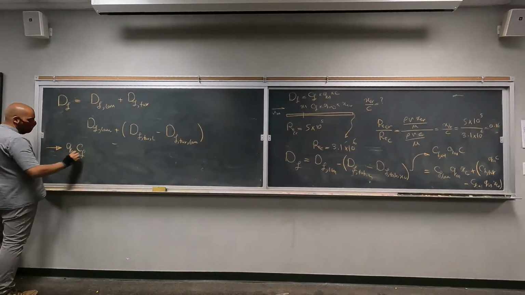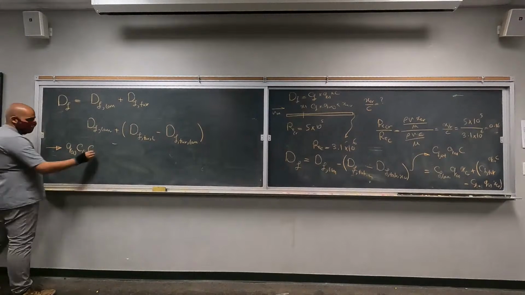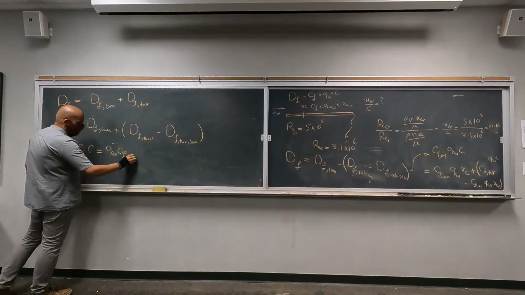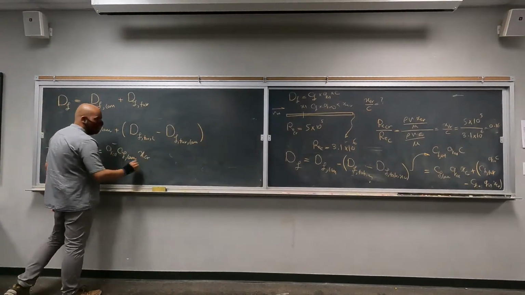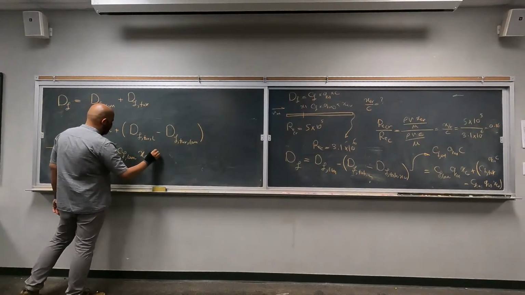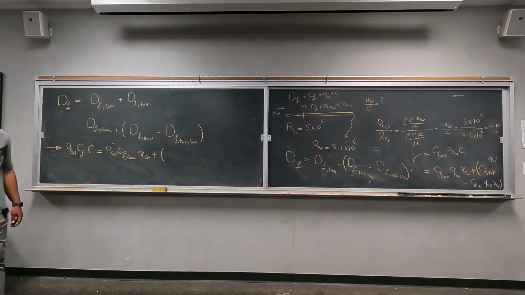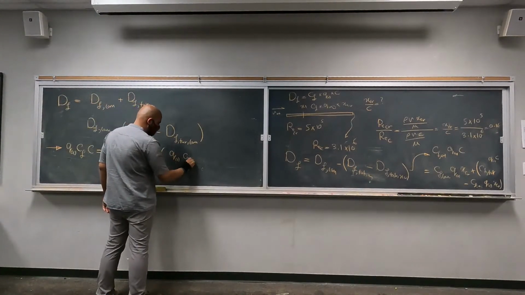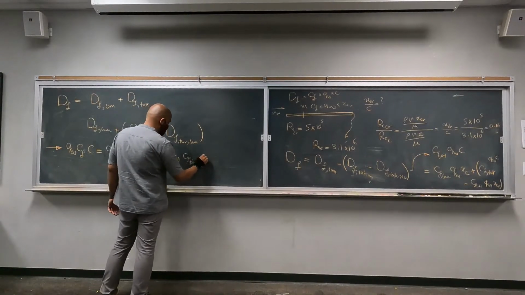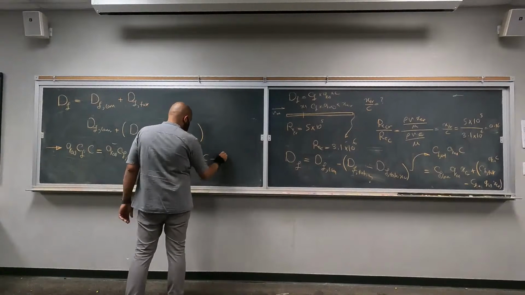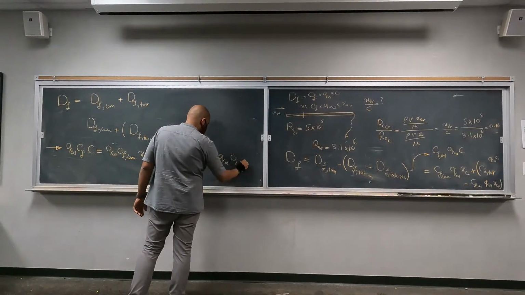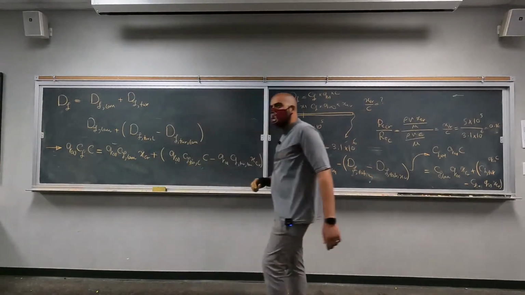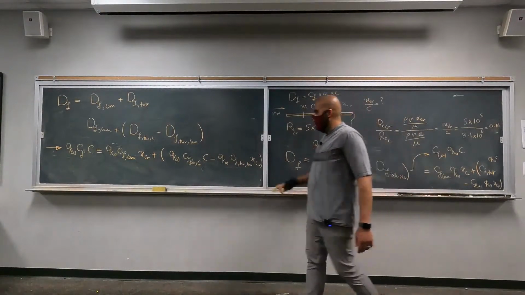Q infinity CF multiplied by your C is equal to Q infinity CF laminar multiplied by X critical plus Q infinity CF turbulent of the whole plate C minus Q infinity CF turbulent of the laminar region X critical. Are we clear on what happened here?